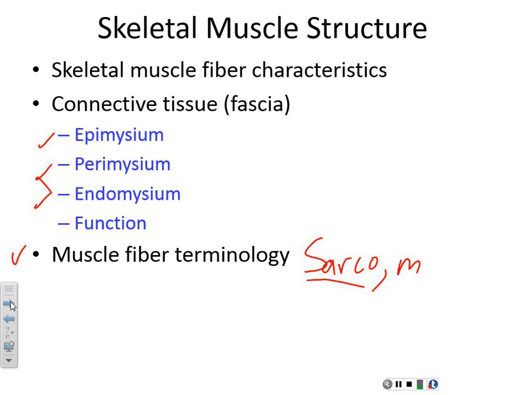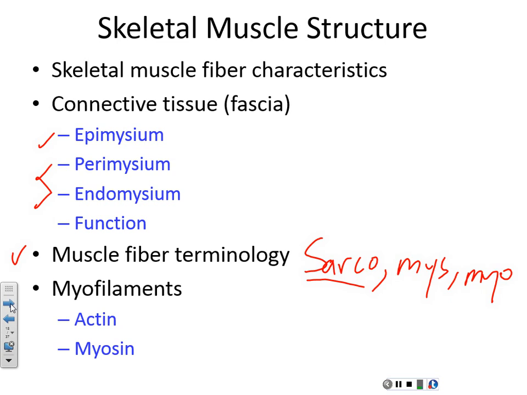Okay, and then mys, like in the epimysium, and then myo, like in myosin, which is one of the thick proteins, thick filaments. Okay, so be able to know that terminology, because when you see those prefixes, you know you're talking muscle. And if you see osteo, you know you're talking bone, right? Chondral, cartilage, right?